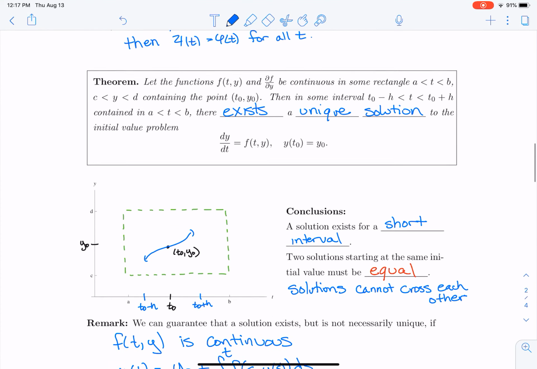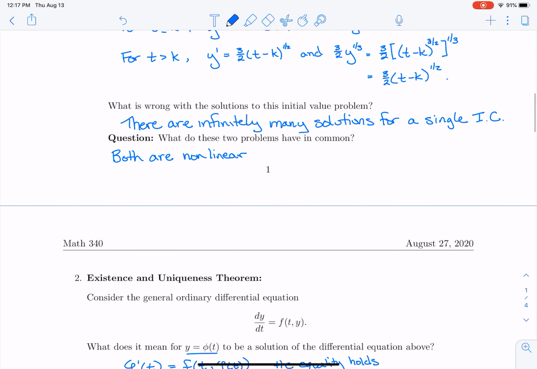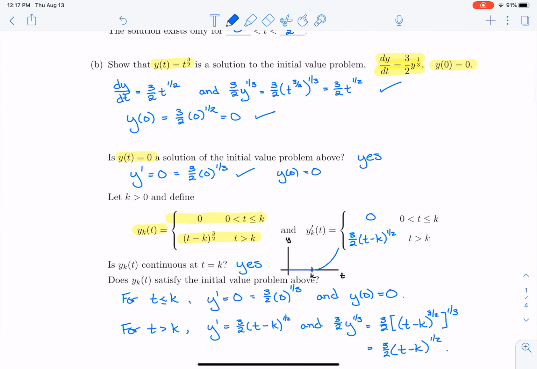That's important. If you go back to the example that we looked at before, you'll notice that this differential equation, dy/dt equals 3/2 y^(1/3), has a right-hand side that is continuous, but in this case, with df/dy, when we take the derivative, we're going to get 1/2 y^(-2/3), and you notice that that is not continuous when y equals 0.